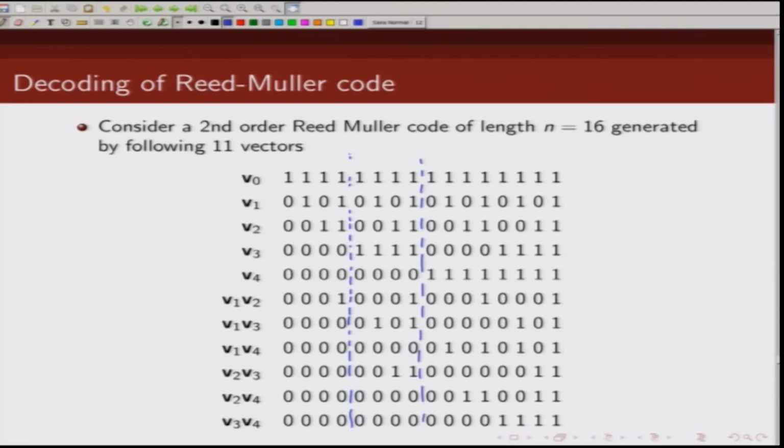This is a group of 4, this is a group of 4. So, what I am saying is, if you look at this group of 4 and if you add them up, let us look at this first group of 4. This will be 0, 0, 0, 0, this is 1, this is 0, 0, 0, 0.